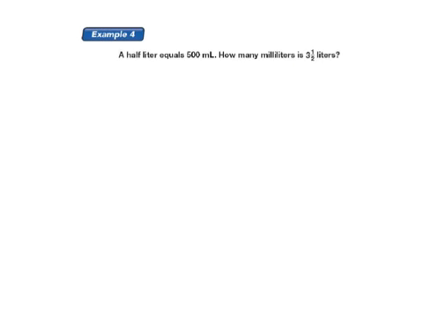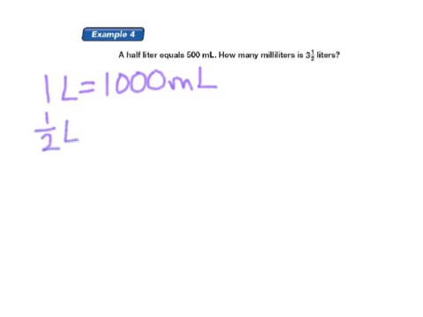And the final example, talking about liters now. Remember, 1 liter equals 1,000 milliliters. And so, as they say here in the first sentence, a half of a liter equals only 500 milliliters.